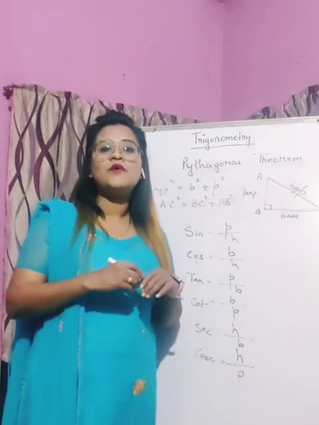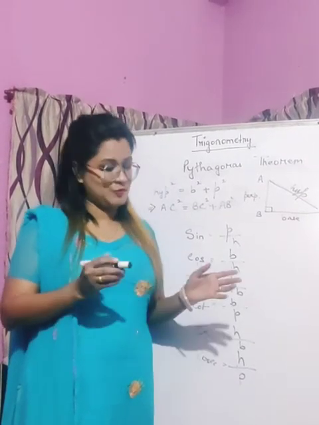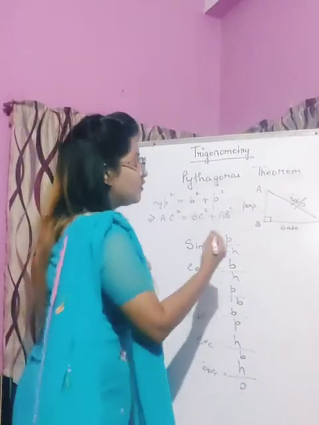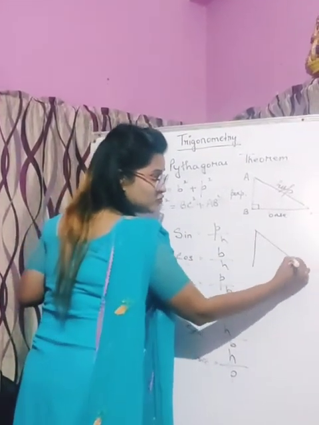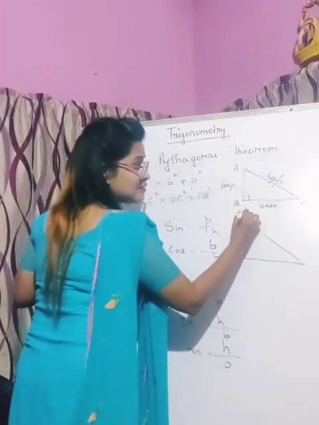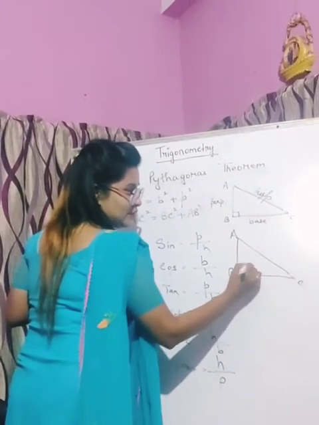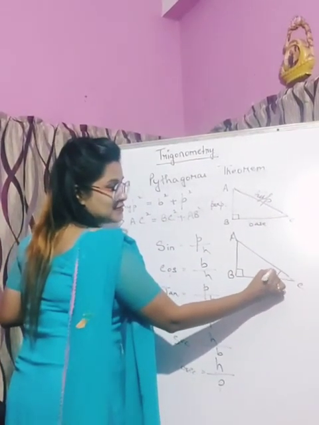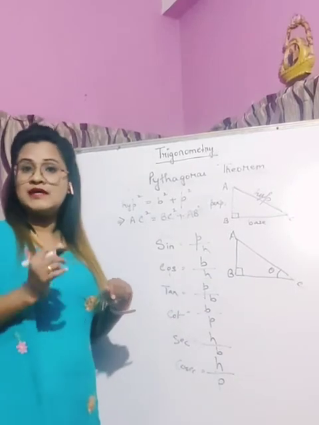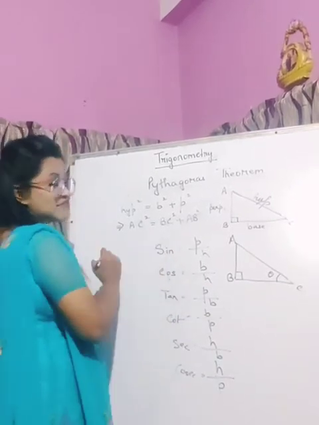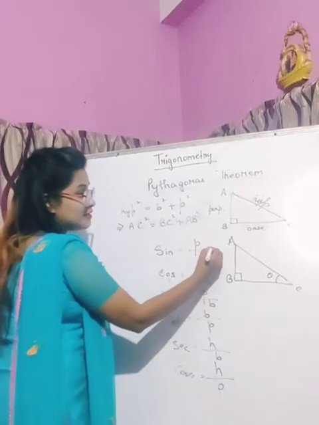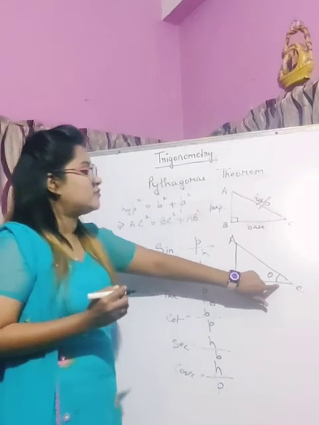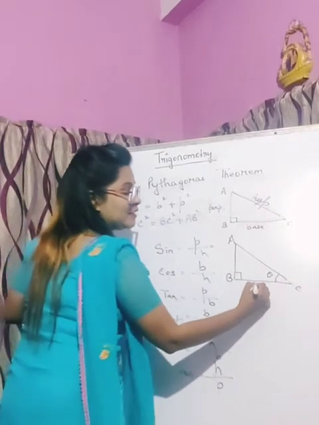Now, in the diagram, which sides can we mark as perpendicular and which as base? Say we draw another triangle and name it ABC, with the right angle at B. Say we consider angle C as theta. Wherever there is theta, the line adjacent to theta is the base.